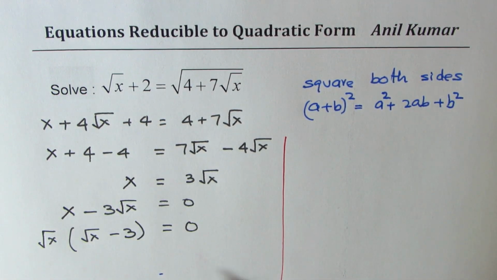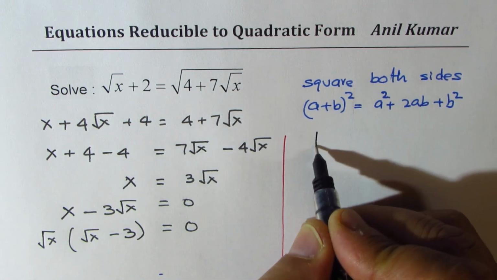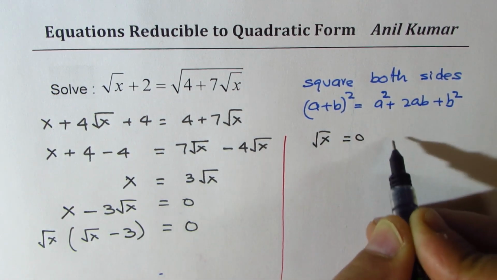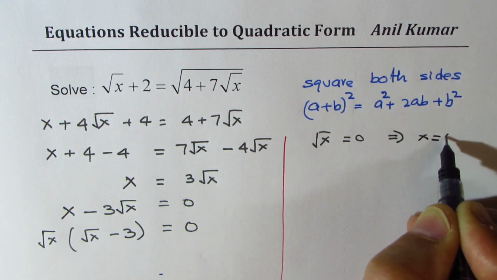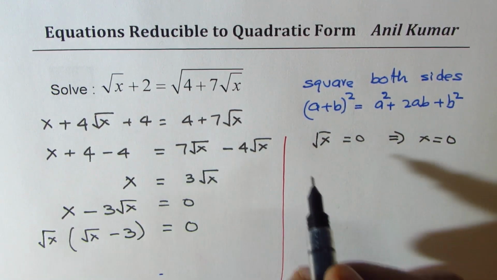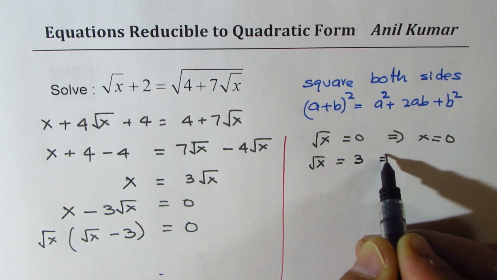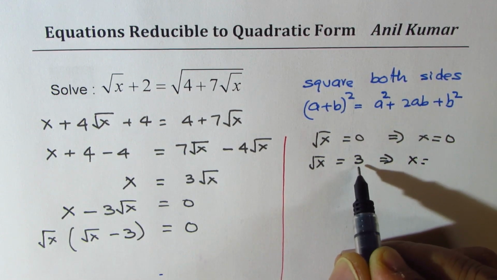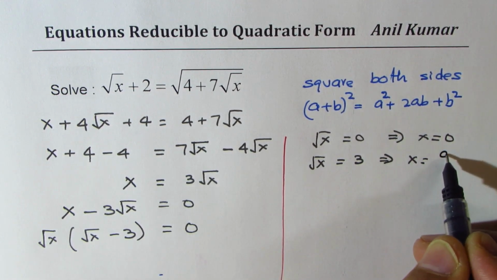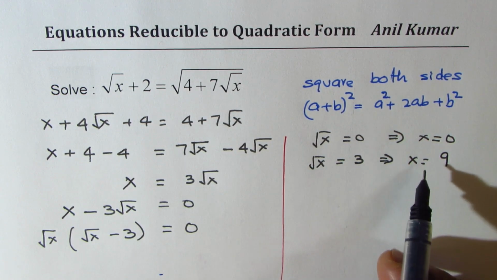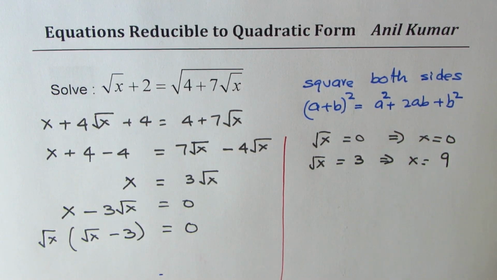Now here we have two solutions. One is square root x equals 0, that gives you x equals 0. And the second one is square root x equals 3, and that gives you x equals 3 squared, which is 9, correct? Square root of 9 is 3. So we get two answers.